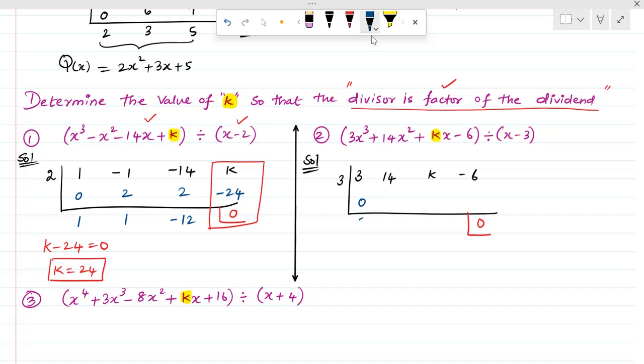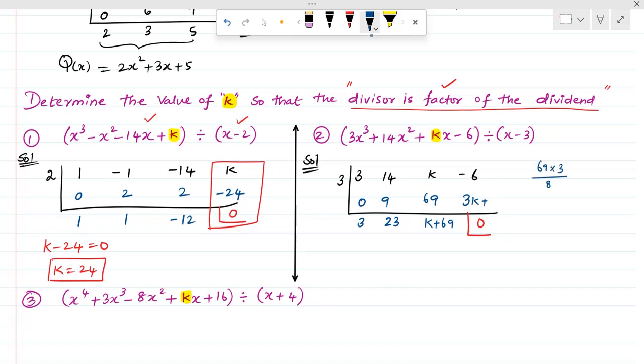Start the process. 3, here 9, add it, you will get 23. Multiply, you will get 69. Add it, k plus 69. When you multiply, you will get 3k plus 207.